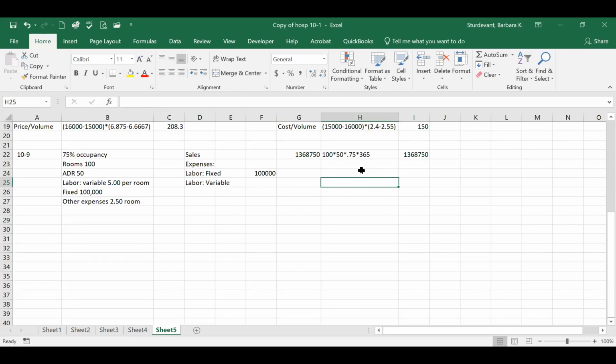So we need to figure out the number of rooms. So how do we figure out the number of rooms? 100 times 75% times 365.